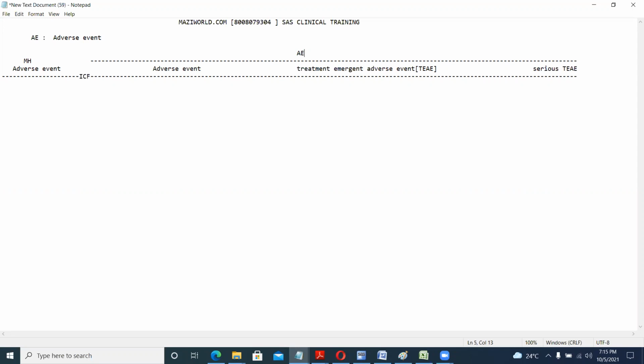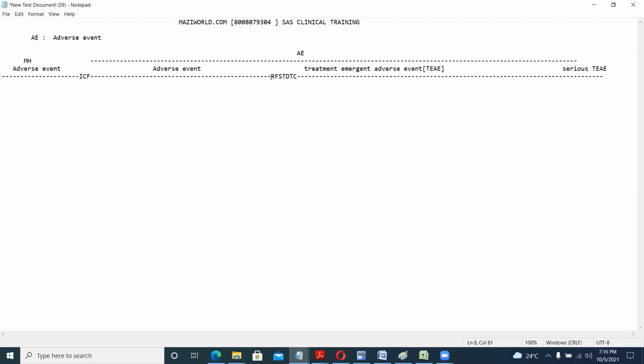So that is the reason this particular concept is very, very important. So anyway, the informed consent. Now what happened exactly? Here I'm going to mention the RFSTDTC. Very simple, right?